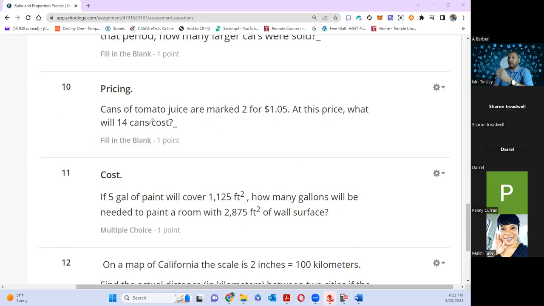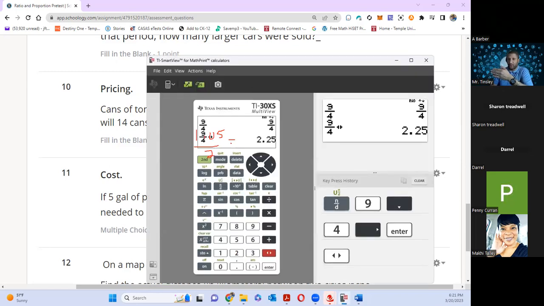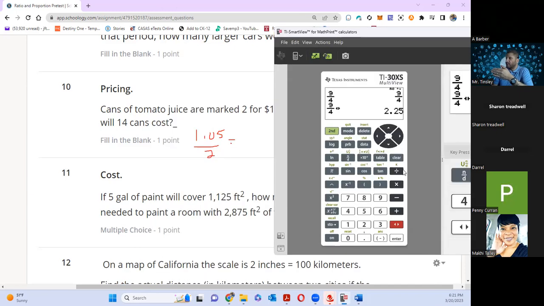Okay, let's try unit rate. How much does each can cost? So again, $1.05 divided by 2. So I'm going to grab my calculator because I want to find out how much 1 costs. Again, this is why I said you can do it, but watch this. $1.05 divided by 2 is how much 1 can is going to cost.